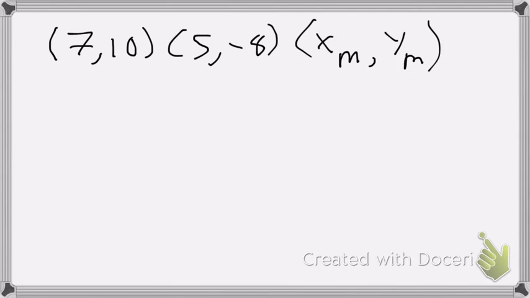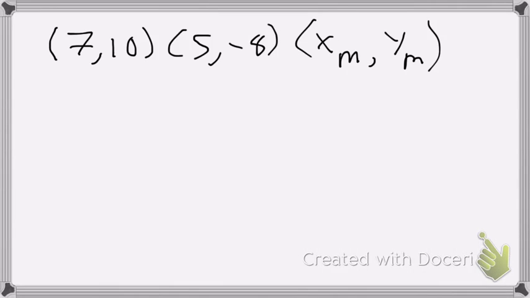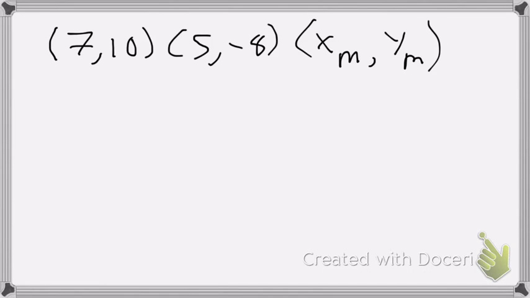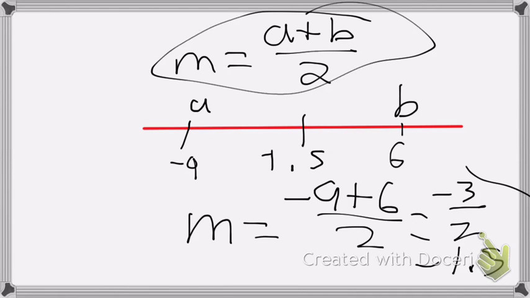And just like back here, where we were finding the average, here we're going to do the same thing. So what we want to do is to find the average of the x's, or the midpoint on the x's. We say that our midpoint on x is equal to x1 plus x2 over 2. Now that should look a whole lot like that. Midpoint equals a plus b over 2.